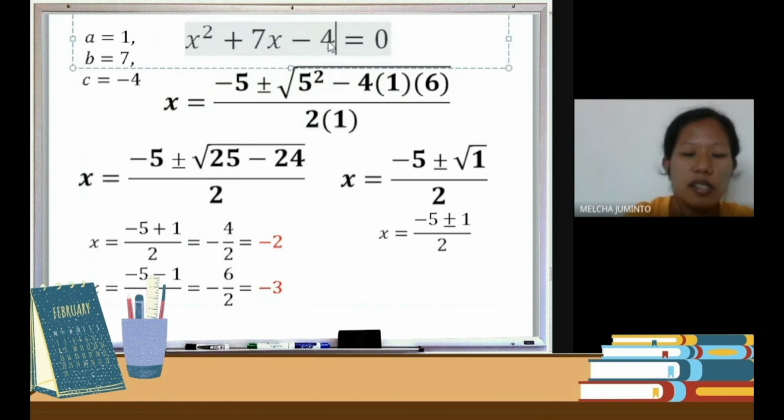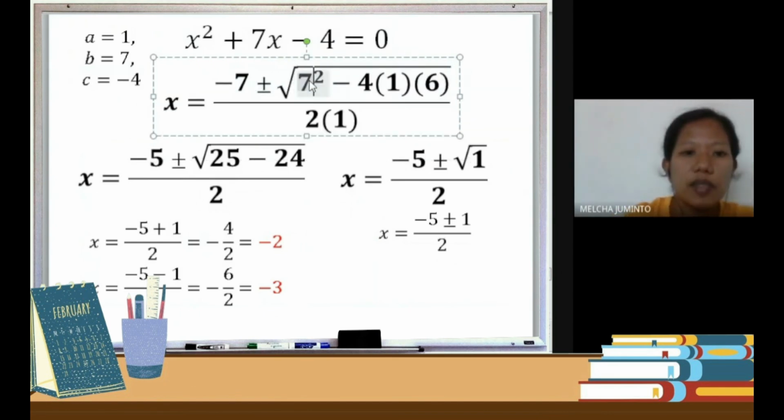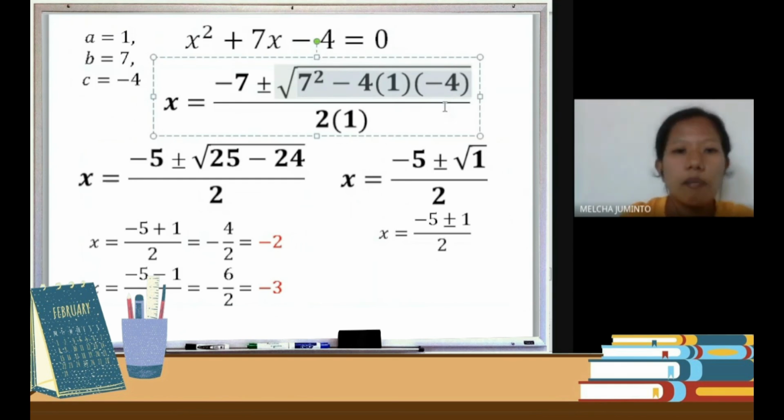So this one B, what is B? 7. So negative 7, positive and negative. Here, B ulit, 7, minus 4, A is 1, C is negative 4, divided by 2A, 2 times 1. Can you follow? Na-follow yon ginawa ko? Opo, ma'am.